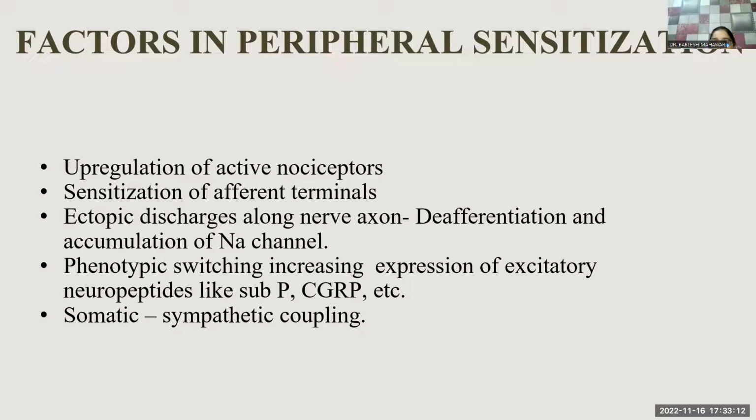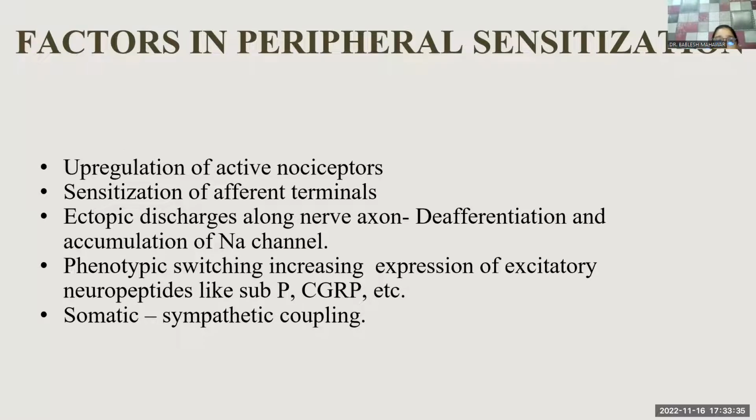The same thing occurs in the neurons: if there is damage at the neural tissue, those sodium channels will accumulate there, and this occurs through ectopic discharges and results in deafferentation pain.